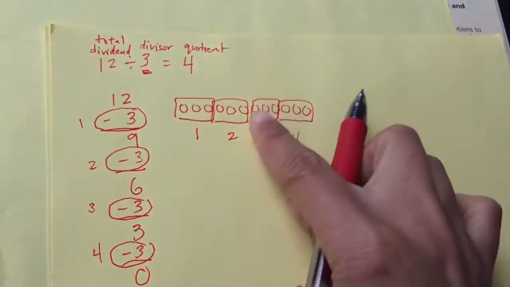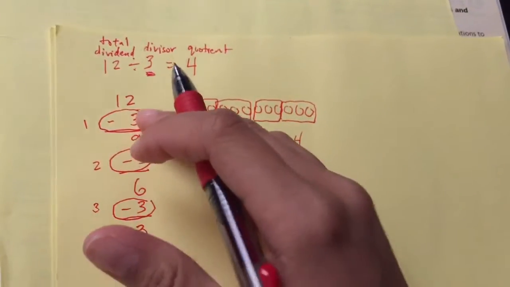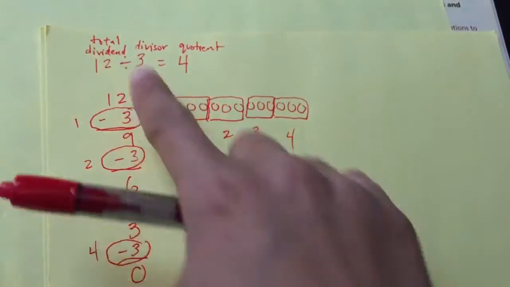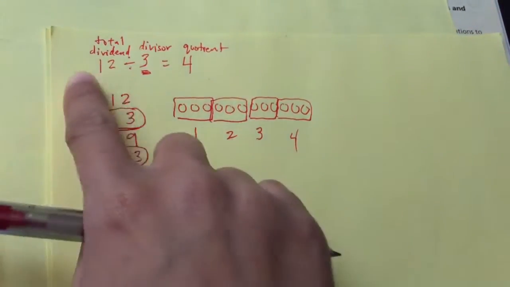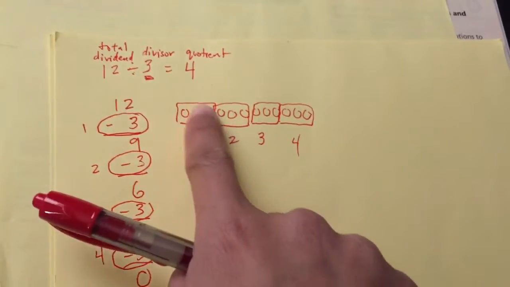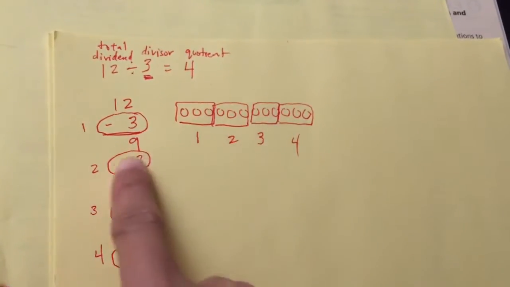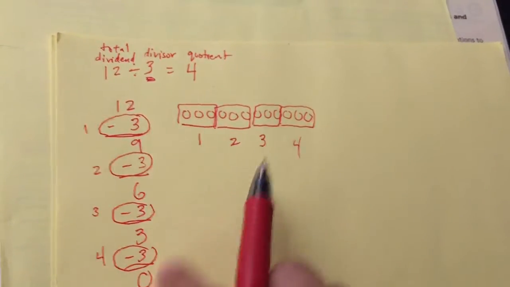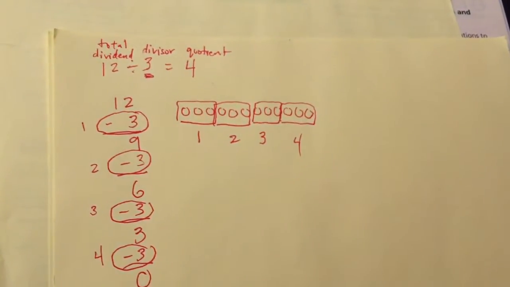Now we have 0 left over. So you can see here that this equation is the same as this. Division is repeated subtraction: how many we start with and how many we're taking away each time. Your answer would be how many groups of 3 you're able to subtract.